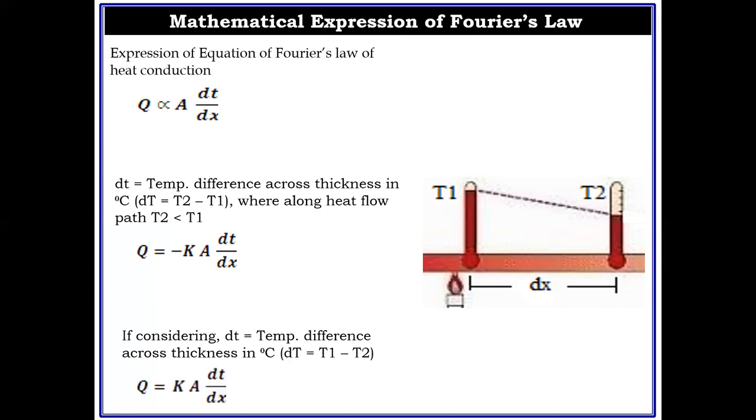Then there is no need for a negative sign; in other words, if we remove the common negative sign in dT, then the negatives cancel and it becomes Q equals kA dT by dx. So remember friends, whenever there is a minus sign in an expression of Fourier's law, it means we consider dT as lesser temperature minus higher temperature, and if there is no negative sign, it means we consider dT as higher temperature minus lower temperature.